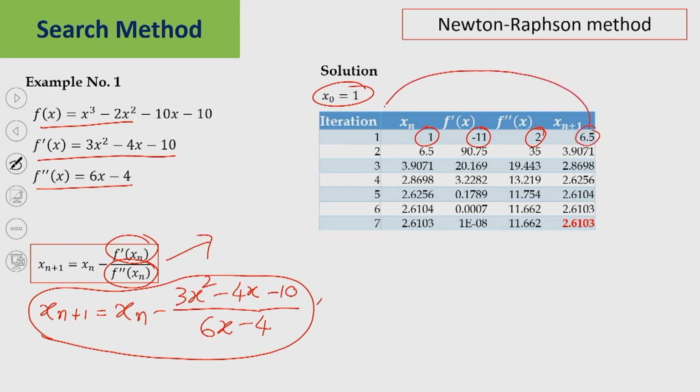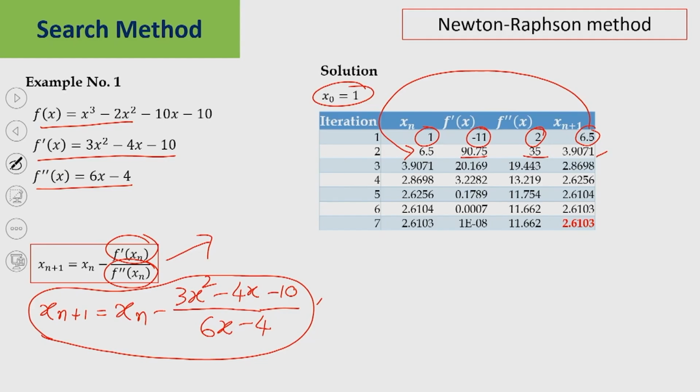Now, this 6.5 I will put it here. So, I am calculating the second approximated value. At 6.5 the first derivative is 90.75, the second derivative is 35, and then x n plus 1 I am getting 3.9071.